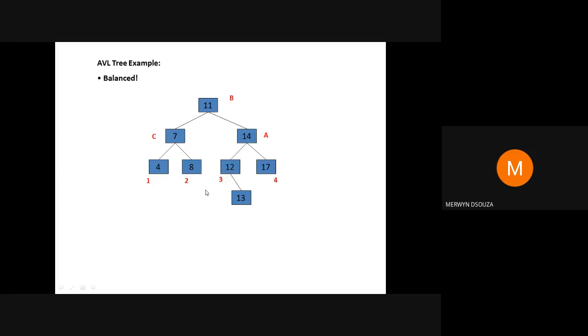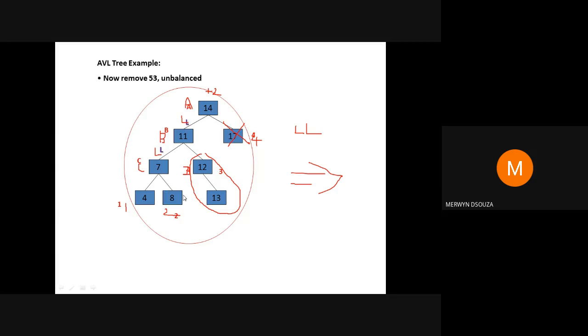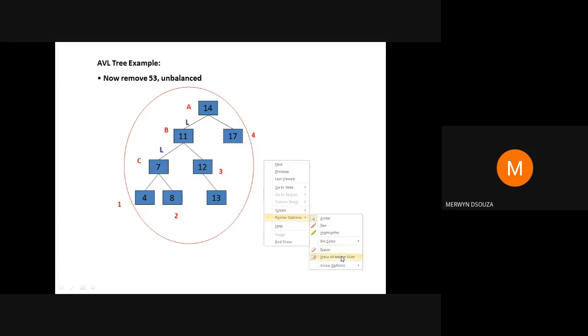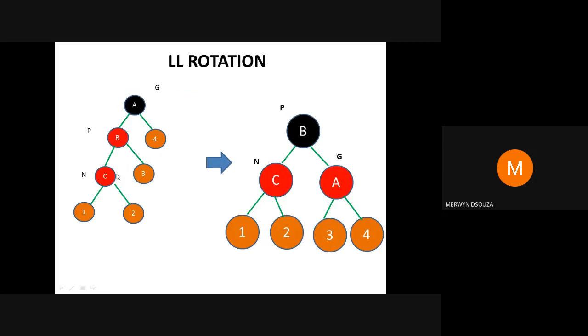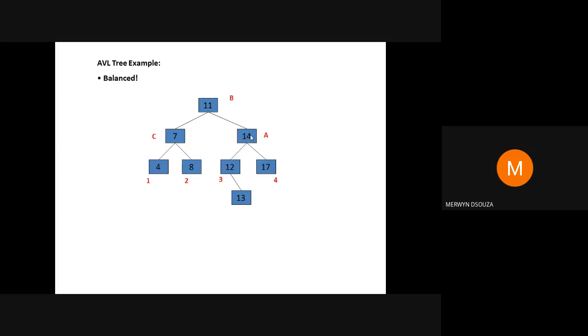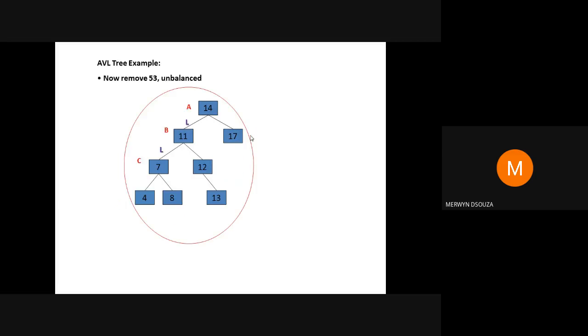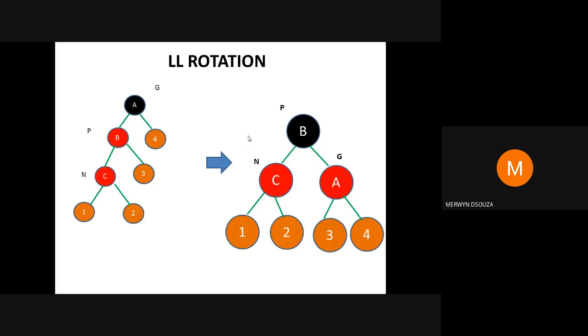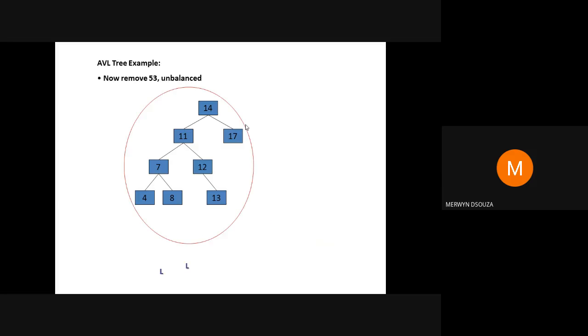Like I told you, this labeling, whatever I told you, will remain. You can check this from this slide, it is just matching with this rotation here. So this is what the LL rotation was, 1, 2, 3, 4, and when you rotate it, it will look like this. So you have to know this rotation by heart on this slide in order for you to balance this.